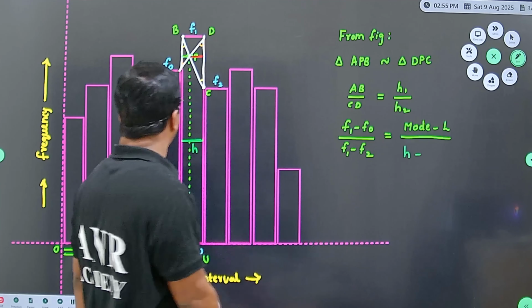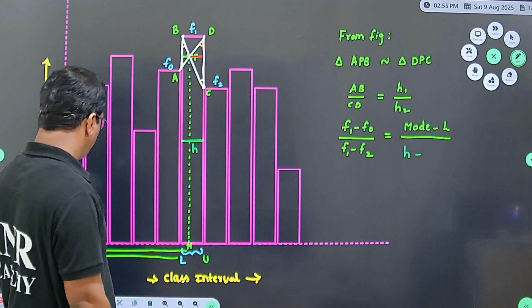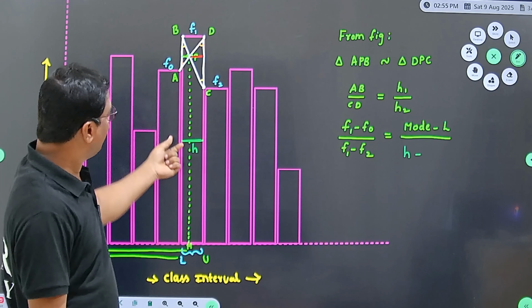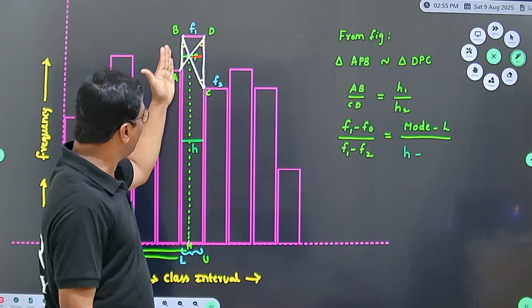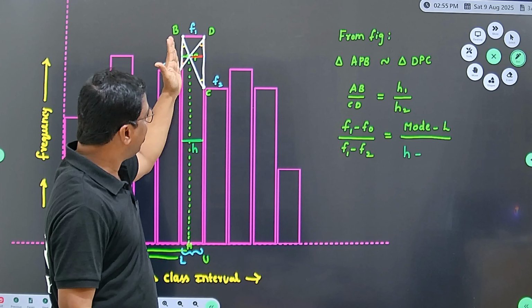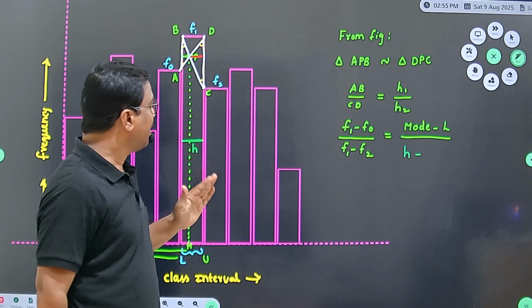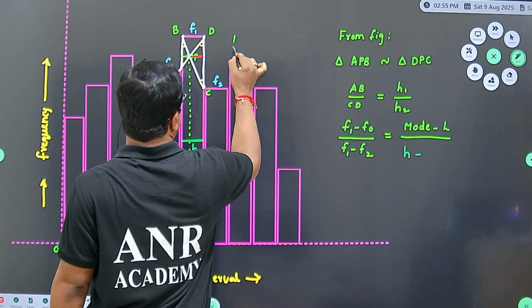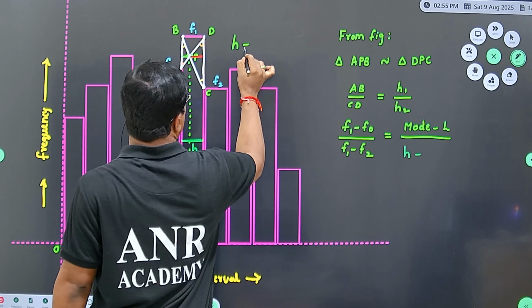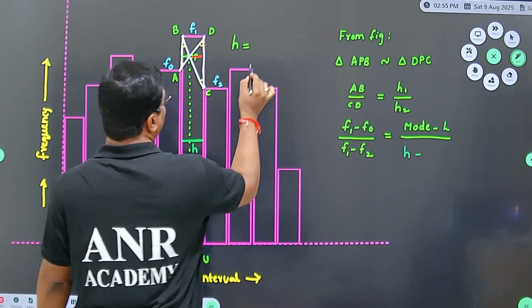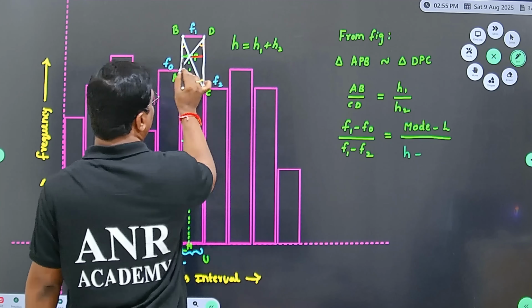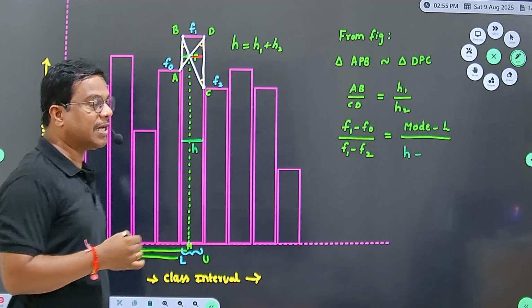if I remove this height from the width of the class interval, then you will get the remaining height. Here in this case, clearly the width of the class interval H equals h1 plus h2, the height of the first triangle plus the height of the next triangle.